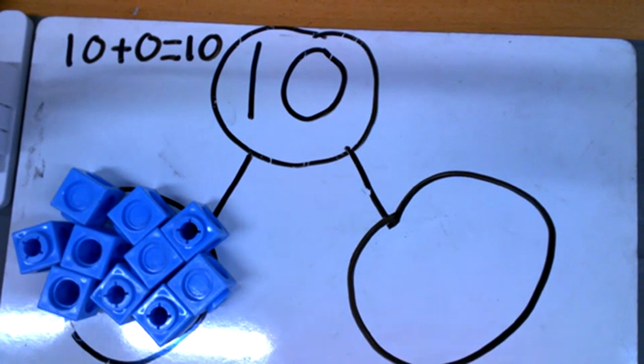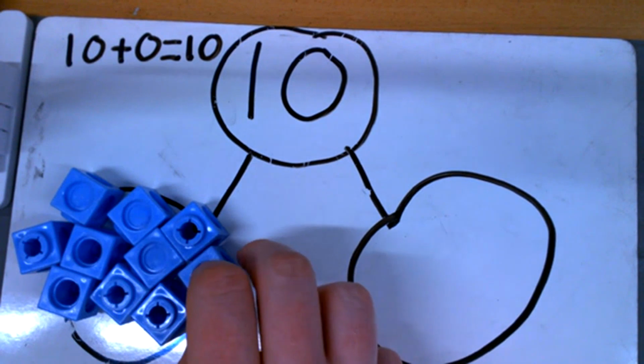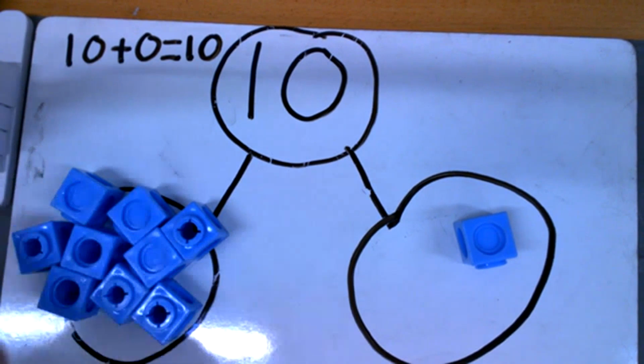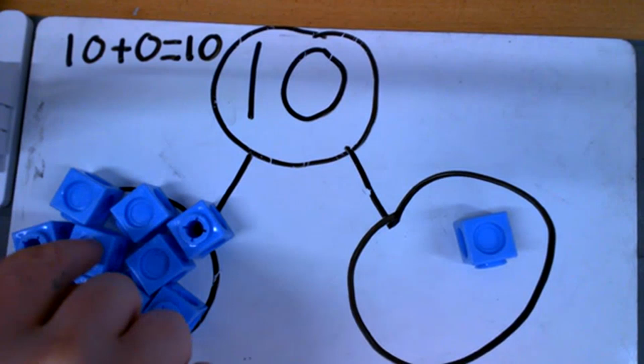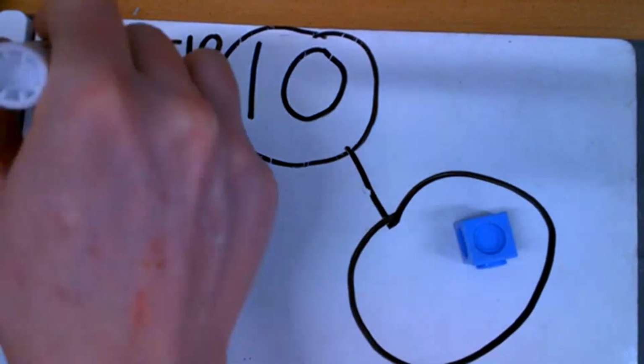Now, because I'm working methodically, I'm going to move 1 across to this part. Here we go. Now I can work out my next number sentence. So in this part, I have got 1, 2, 3, 4, 5, 6, 7, 8, 9. 9 over here. So I can put my 9 there.